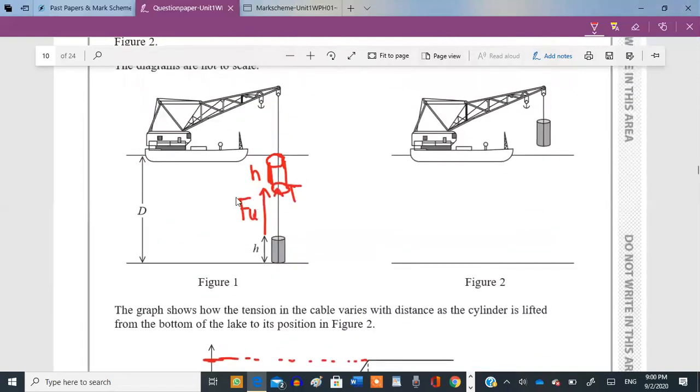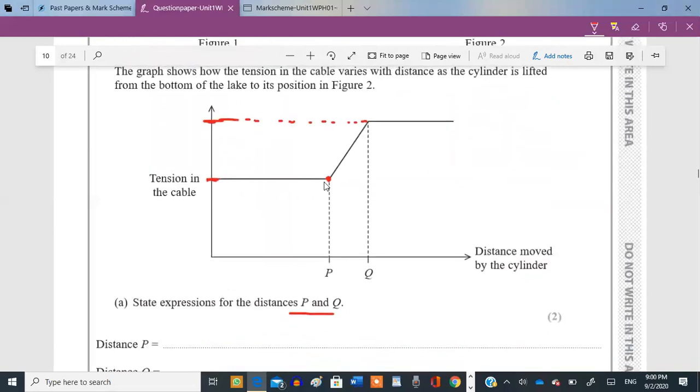The reason for that is because upthrust will stay constant. The value of upthrust can be calculated using the formula rho V g. g is constant, rho is constant. Rho is the density, g is the gravitational field strength, but V is the volume of this object. As long as the volume of this object is submerged inside this lake, upthrust will stay constant and the tension will have a constant value.